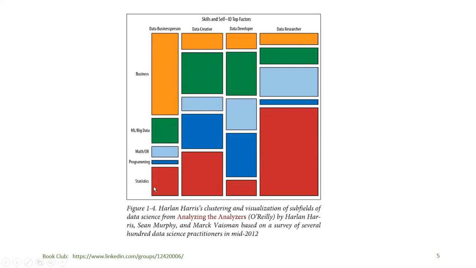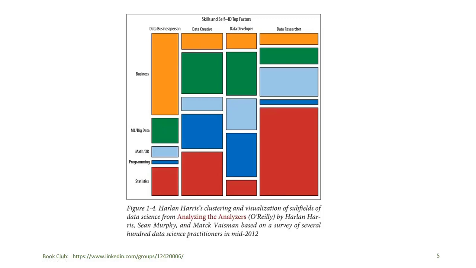Here we can see that we have to know about statistics if we want to have any of these skills, okay? So for the data business person, data researcher, data developer, data creative, we have to know statistics. So statistics is the base. And as you can see, they put it at the bottom. It means that it's the base.